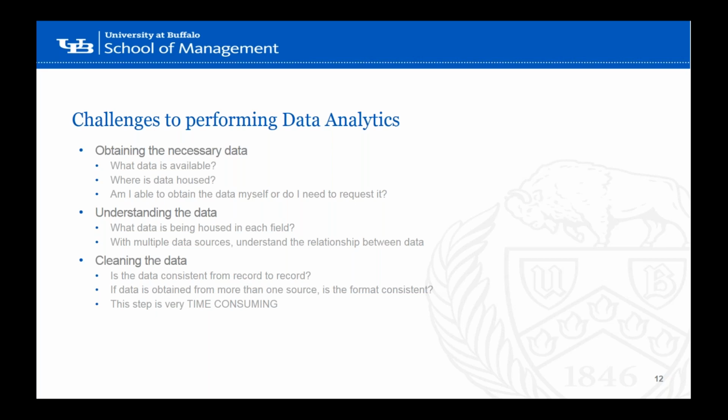I might be getting data from multiple data sources that might be in different formats. For example, I have a date that's maybe 4-digit year, 2-digit month, 2-digit day. I have another data source that has month, 2 digits, day, 2 digits, and then year, 4 digits. So how do I make sure that my data is consistent across sources? How do I make sure my data is consistent even within the same data source?